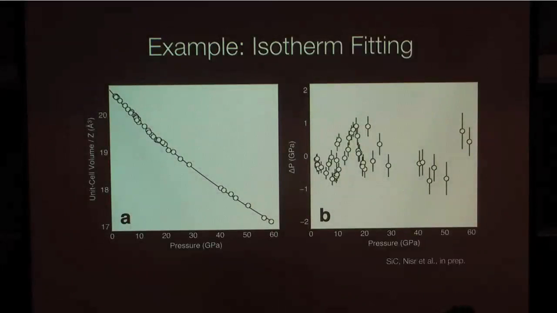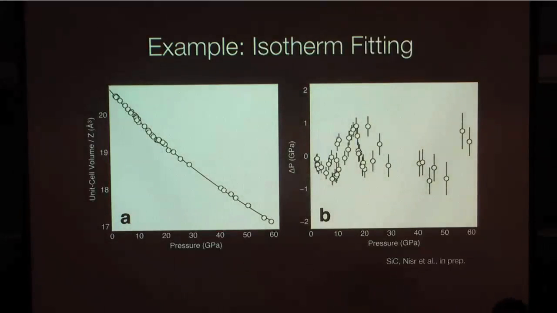So now, real data. I'm showing real data measured in the lab, at 300 K and high pressure. This is silicon carbide. No, it's not an Earth material, but it's an example to show that you can measure a bunch of data points at high pressure and measure the unit cell volume. Then you fit it to the equation of state.